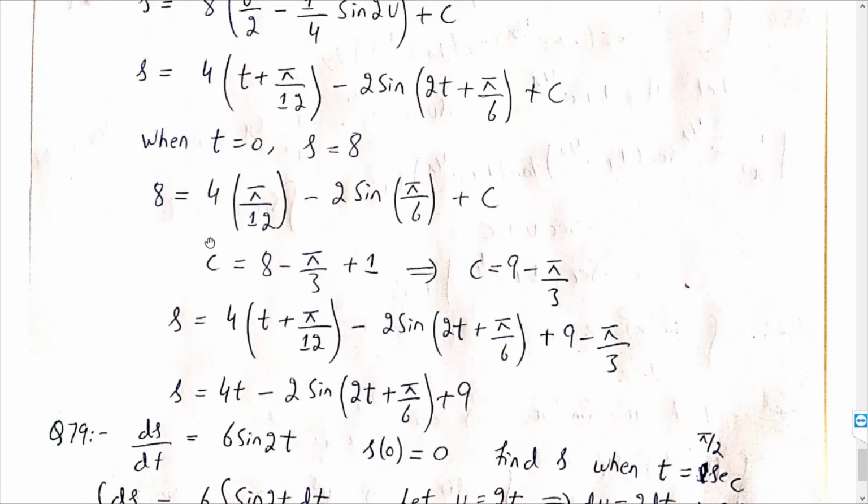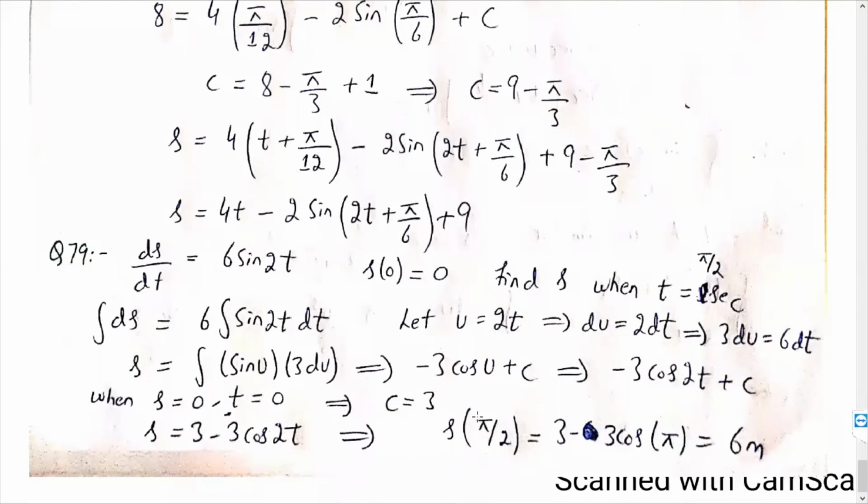Solving the expression, I'm getting the value of c, that is 9 minus pi by 3. So substituting the value of c here, I get s equals 4t minus 2 sine (2t plus pi by 6) plus 9. So this is the solution of that ordinary differential equation.